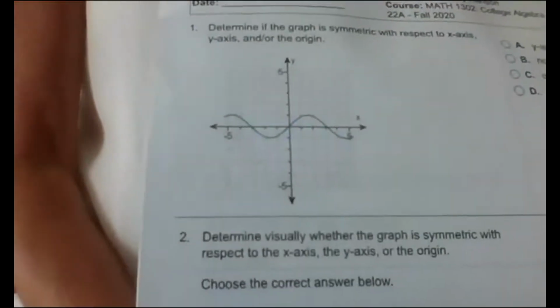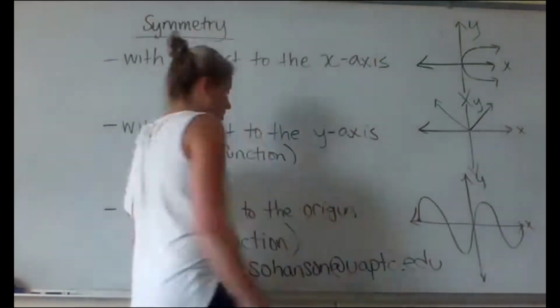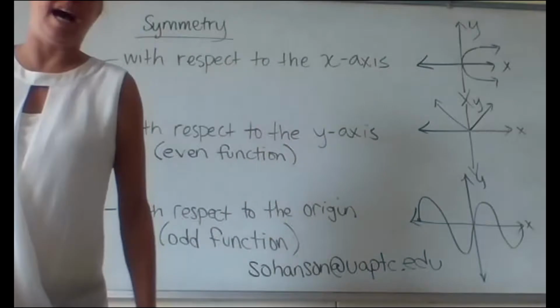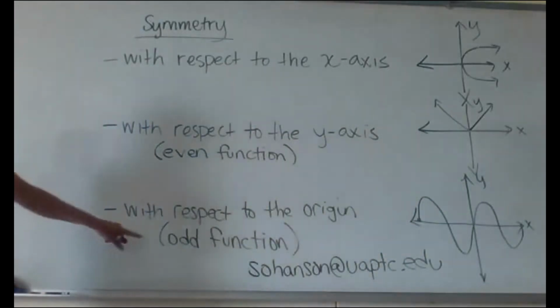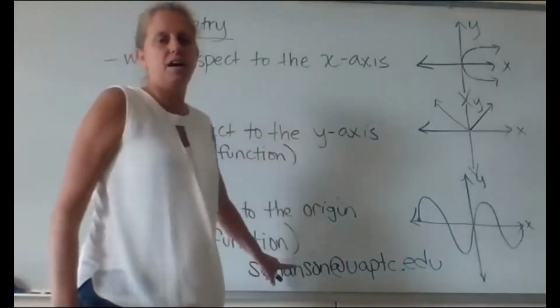Starts off below the x-axis, travels up through, then turns back around, goes down through the origin, and does the same exact thing whether you are right side up or upside down. Same graph. Okay, so that's what symmetrical with the origin looks like. If you are symmetrical with the origin, you are called an odd function.